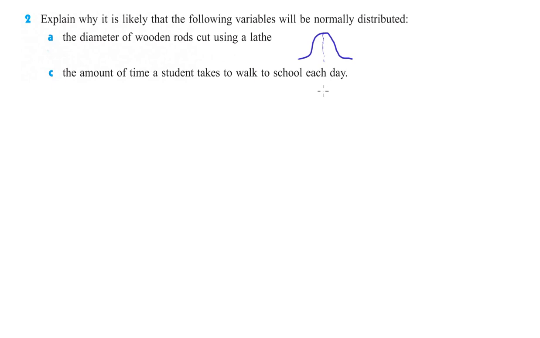Possibly traffic, but I guess overall that probably would be a normally distributed curve for the most part. Okay, but again, weather conditions, especially if you've got a whole bunch of snow for a while, that's going to definitely throw it off a little bit. But anyway, for the most part, it should be pretty close to normally distributed.